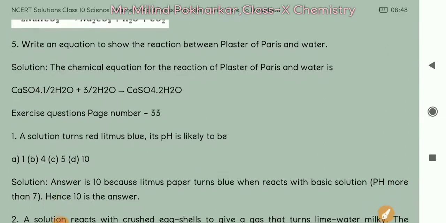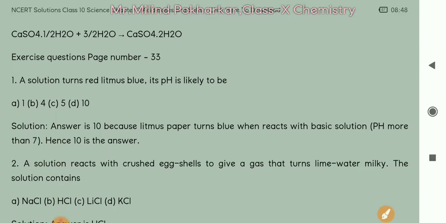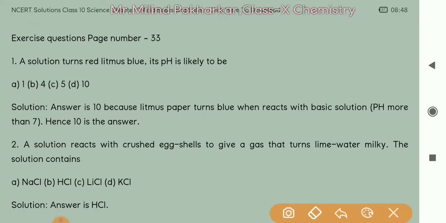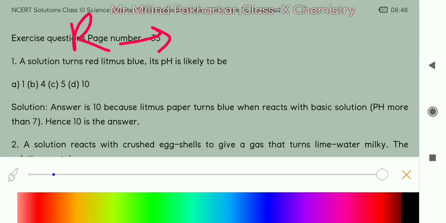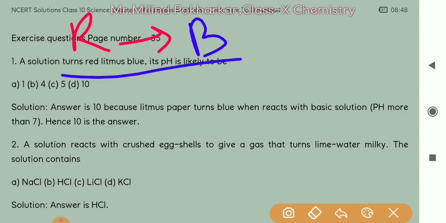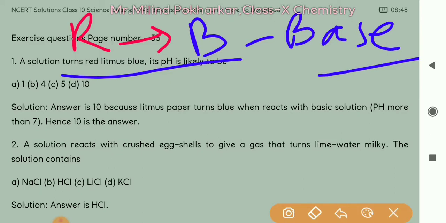Next question is on page number 33. A solution turns red litmus paper blue. Its pH is likely to be? Now if the solution is turning red litmus to blue, it means that it is a base. And a base has a pH ranging from 8 to 14.